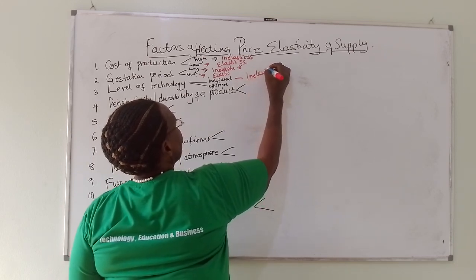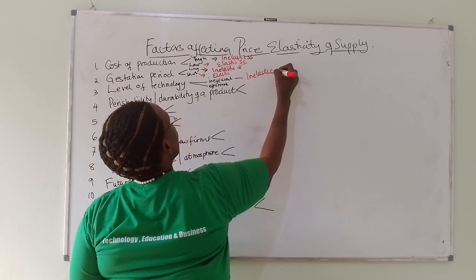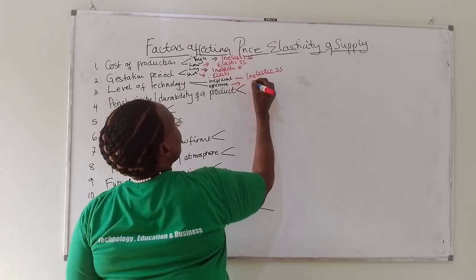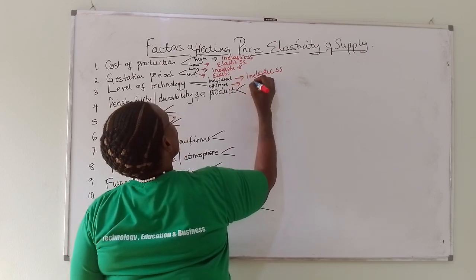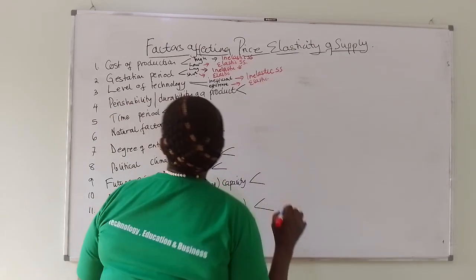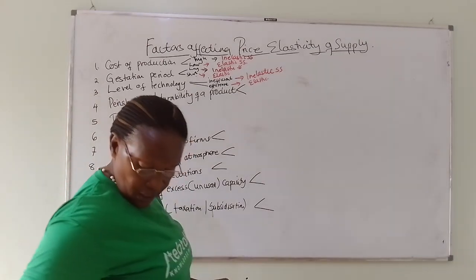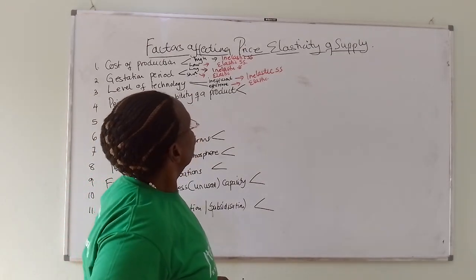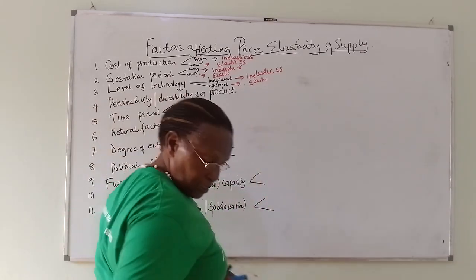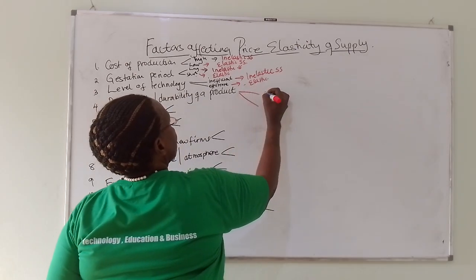So with inefficient methods of production technology, supply is inelastic, yet where it is efficient, modern, and highly productive, supply is going to be elastic. When you come to the perishability or durability of a product, again the same thing has to be evaluated. You look at a product which is durable. Is it durable?